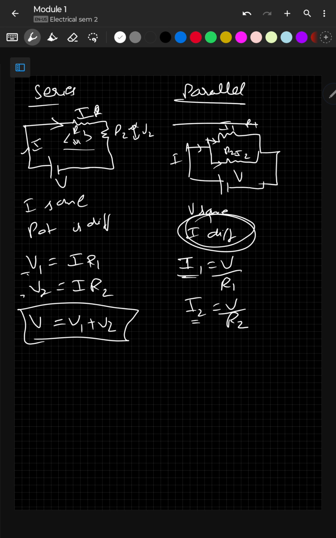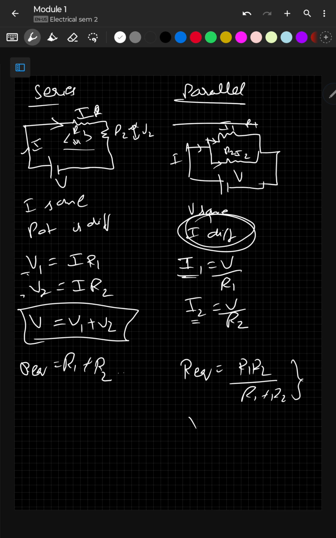Now R equivalent for series, we know, is R1 plus R2 and so on. And R equivalent for parallel is going to be R1 R2 by R1 plus R2, but this is only for two resistors. For more than that, 1 by R equivalent equals 1 by R1 plus 1 by R2 plus 1 by R3, and so on.